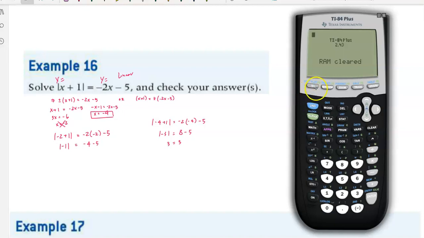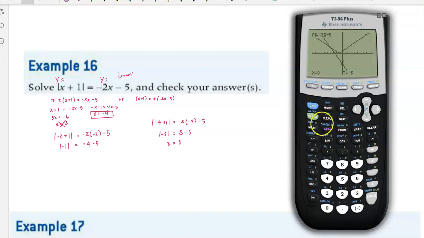I could have gone in here and done y equals negative 2x minus 5, enter, and then let's go into math, absolute value of x plus 1, and then we can graph them. There you go. And then we could go into trace, table, set.